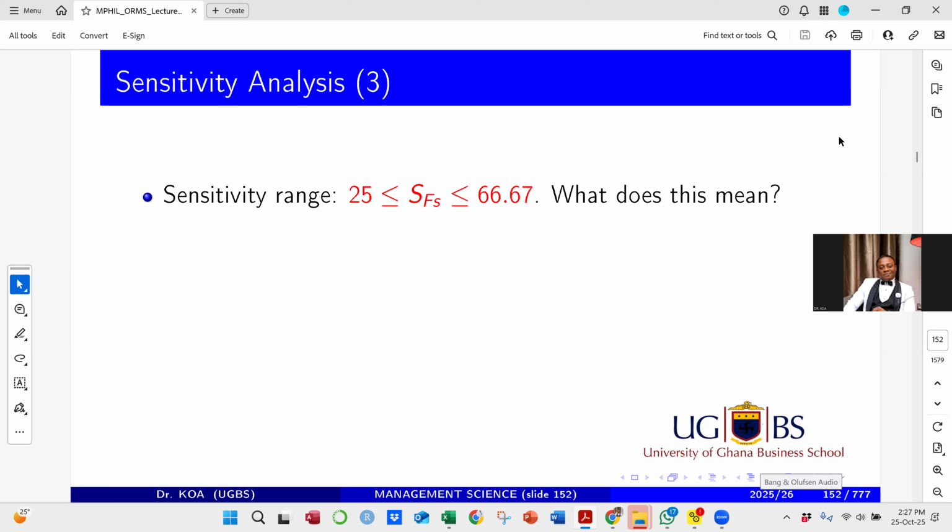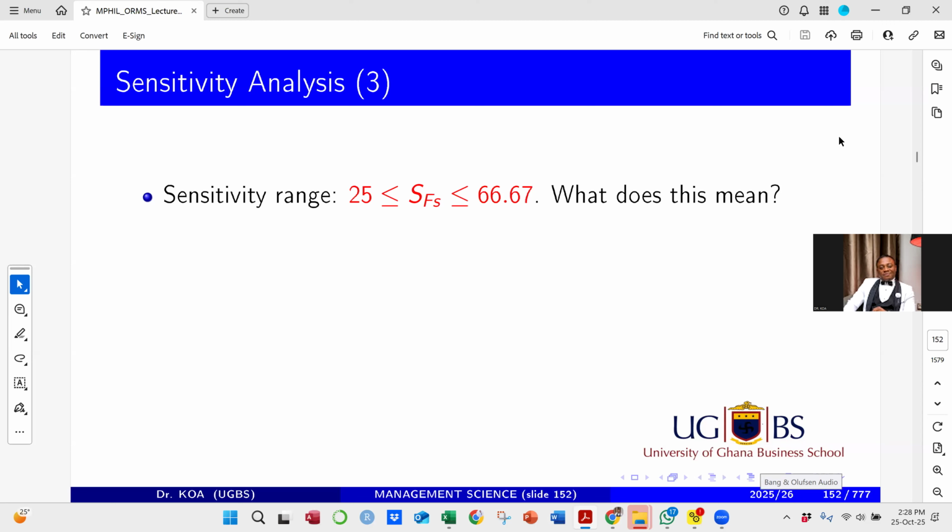That's a key thing. By the optimal solution, I'm talking about the decision variables you found. They will not change as long as the coefficient stays within this range.